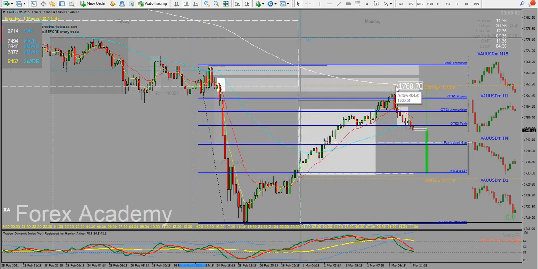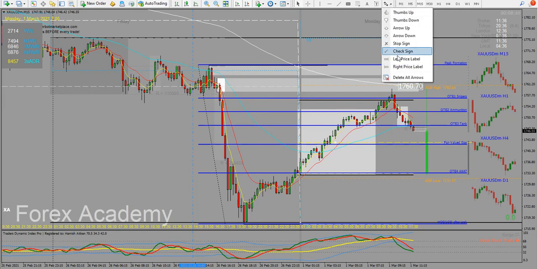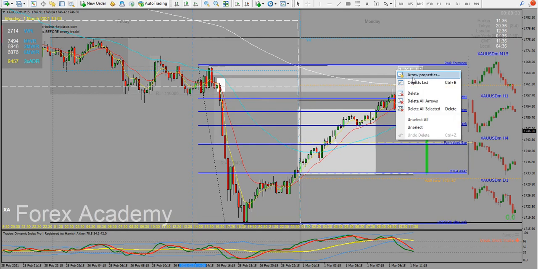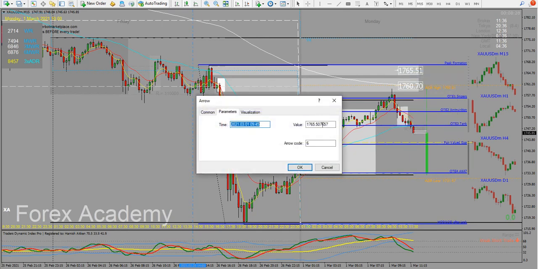It misses with a slight for an entry, but my stop loss is very clean because it's on 177.8. I will also adjust it to show you where I put in my stop loss, 78.